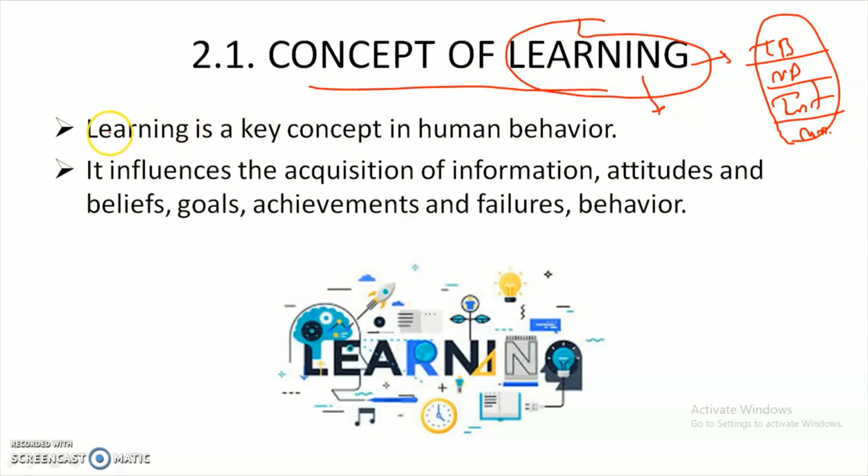Learning is a key concept in human behavior. If we learn properly, for example from mythological books, we learn how to behave, how to talk, how to exist and how to spend our life. Anyhow, learning is a key concept in changing human behavior.